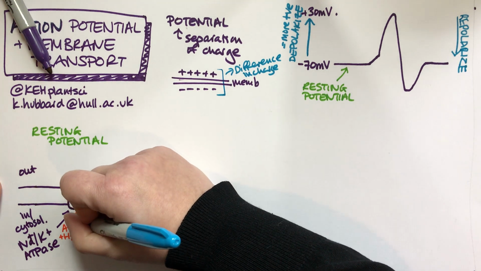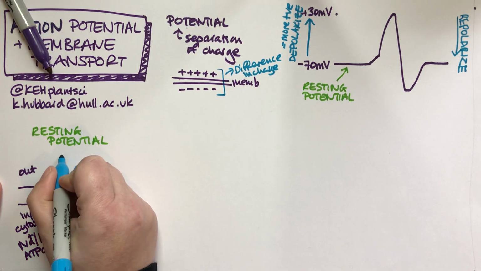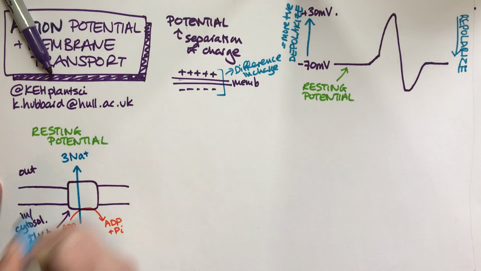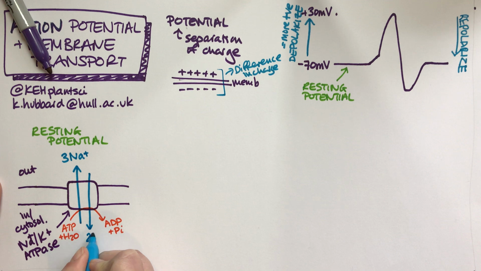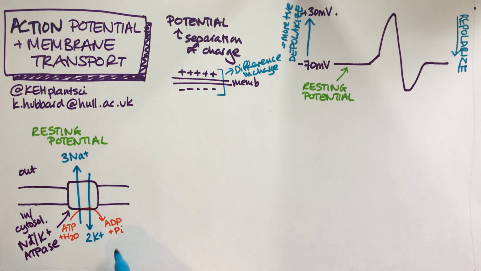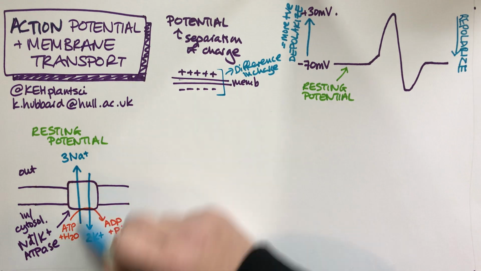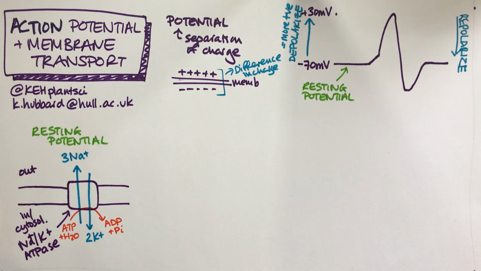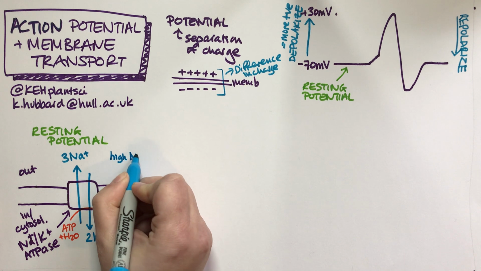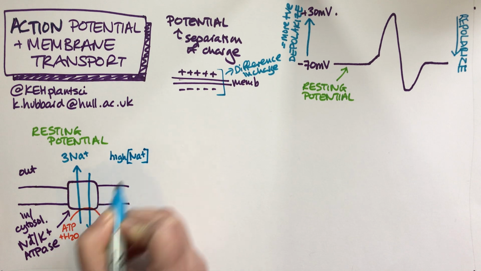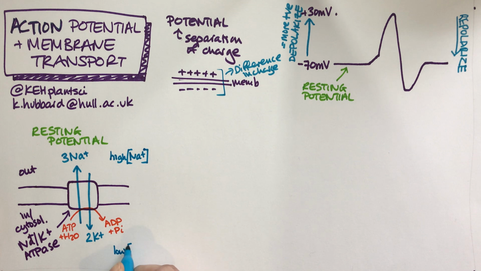So what it does is pump out 3 sodiums and move in 2 potassiums. Sodium is quite toxic in the cell, so this transporter is pushing the sodium out of the cell. That means we end up with a high concentration of sodium on the outside and a relatively low concentration of sodium on the inside.